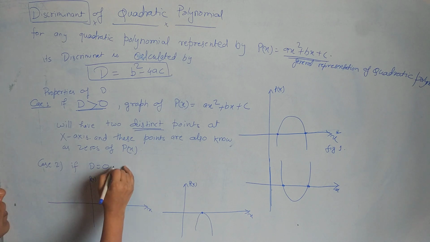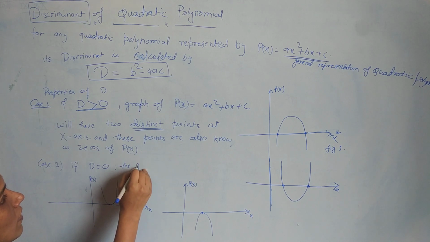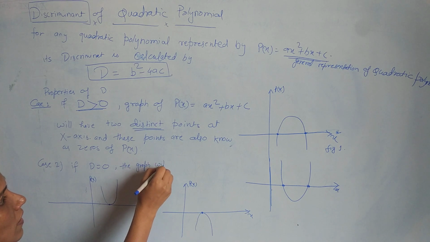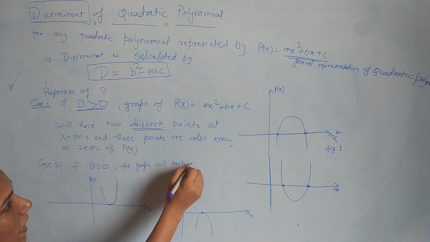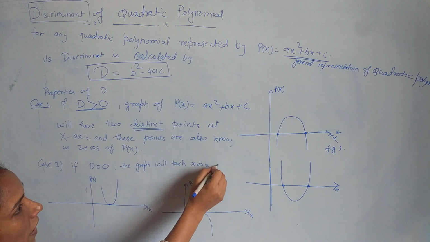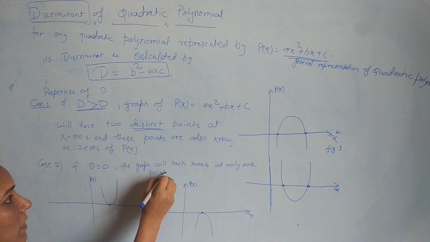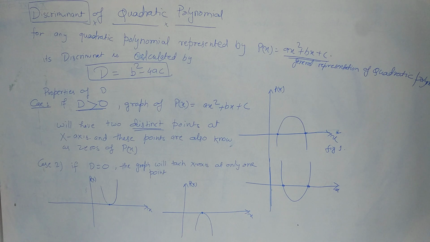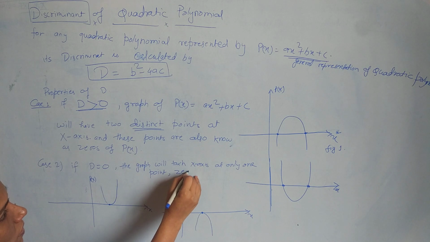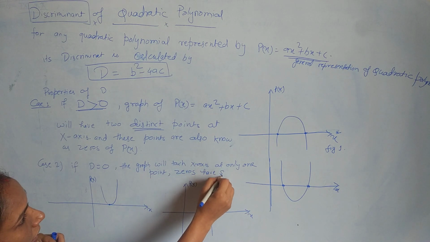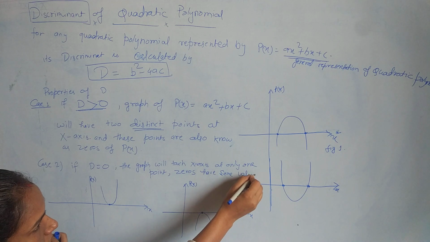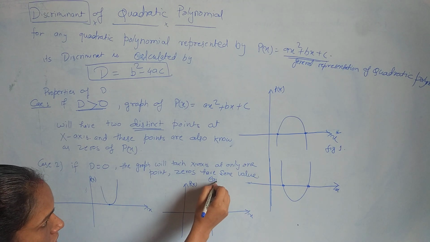So the graph will touch the x-axis at only one point. What does it mean? That the zeros are same, isn't it? That means the solution is equal. That means zeros have the same value, or equal solution.